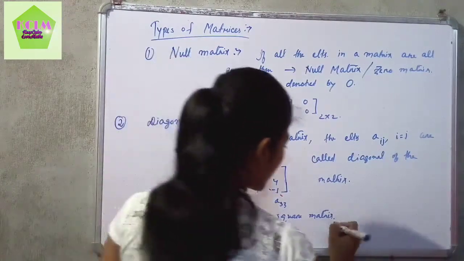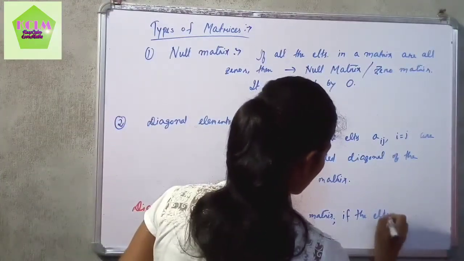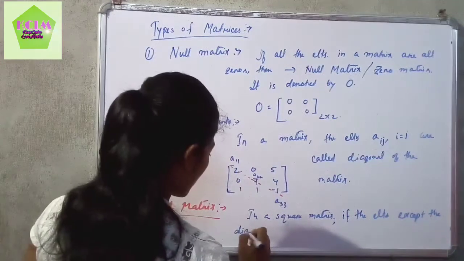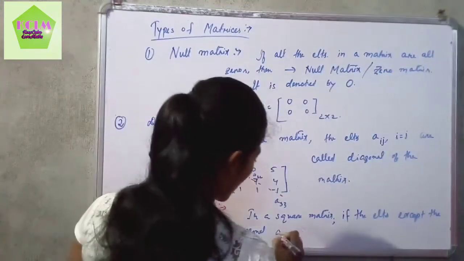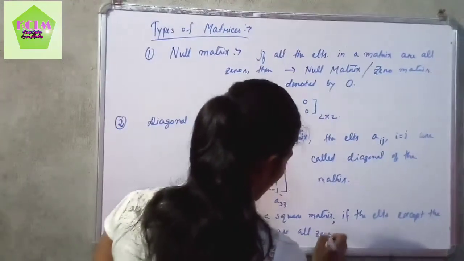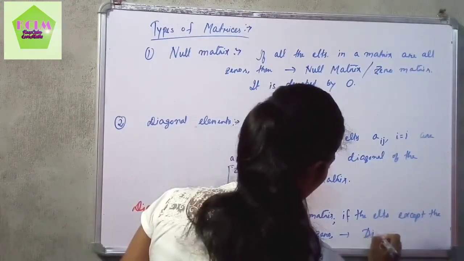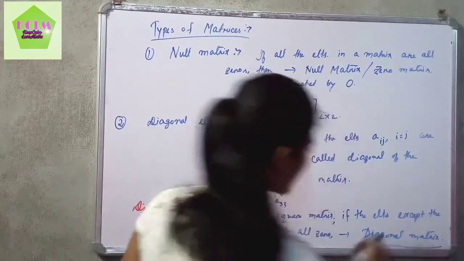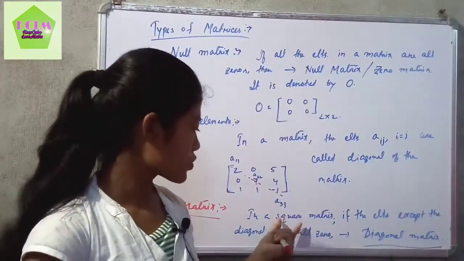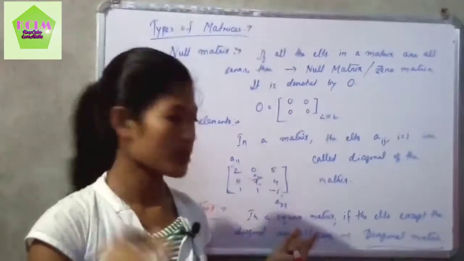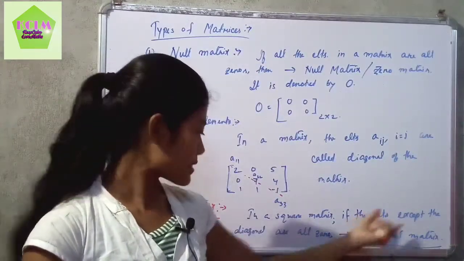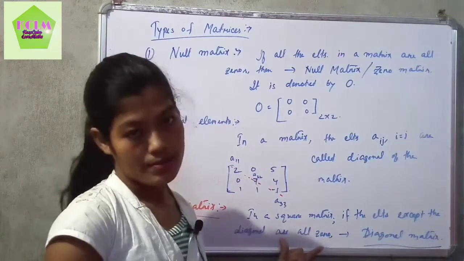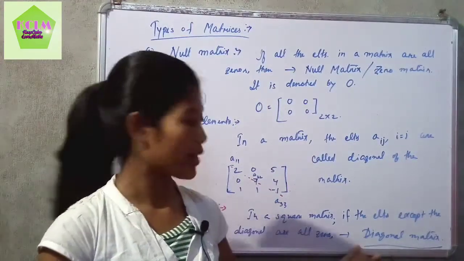In a square matrix, if the elements except the diagonal elements are all 0, then it is called a diagonal matrix.